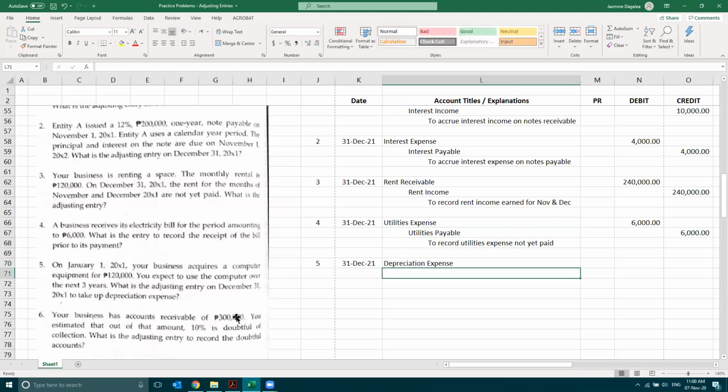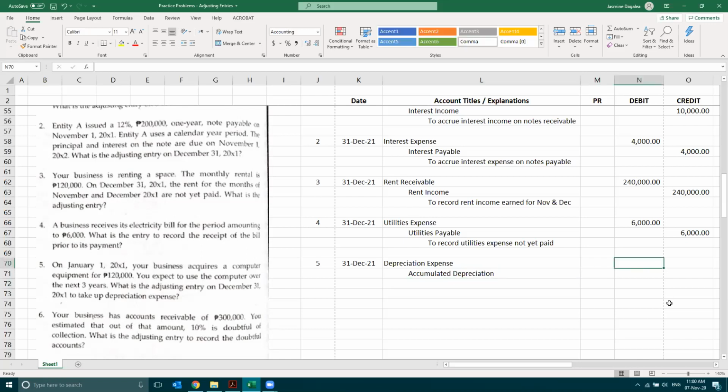Credit accumulated depreciation, ha, hindi accumulated depression. May nakita akong accumulated depression. Magkano? Paano nyo i-compute yung depreciation nyo? 120,000 divided by 3 years is 40,000. Since full year naman siya, January siya na-purchase, so hindi nyo na siya i-divide by how many months. So by 12 siya.